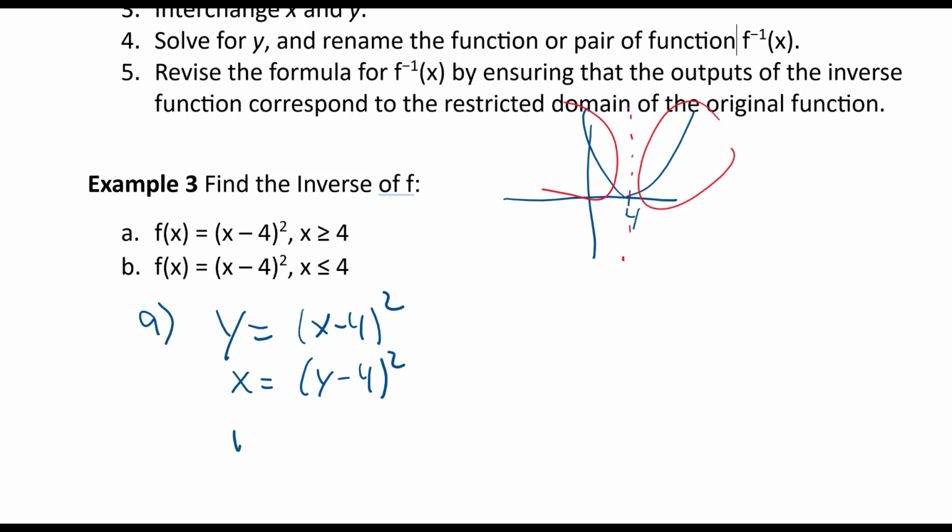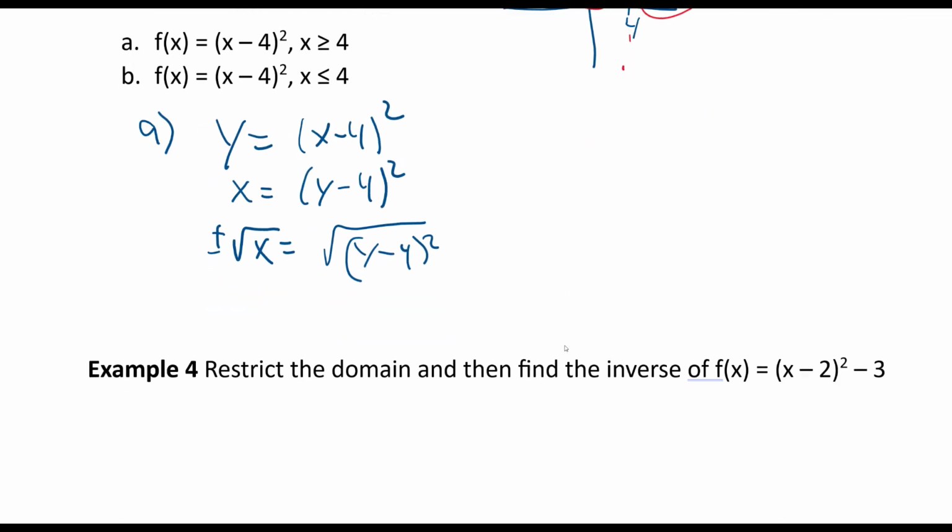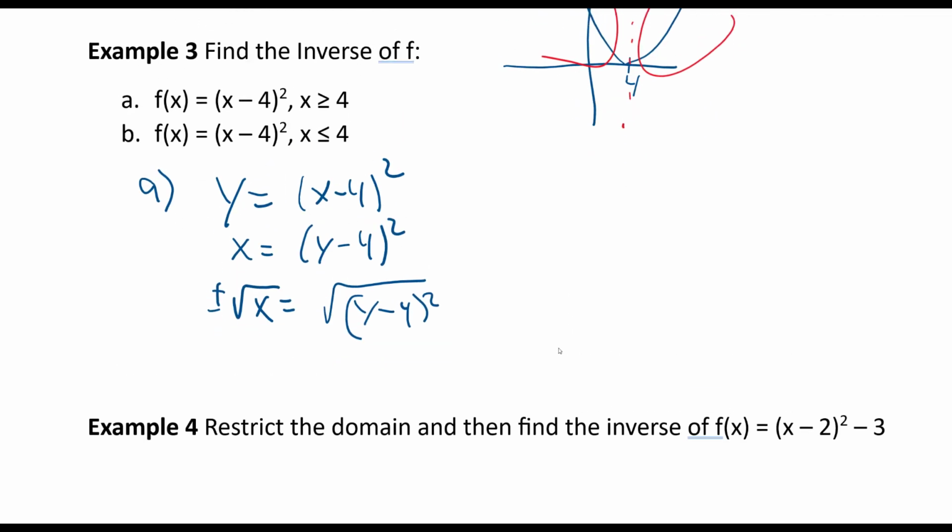So we can take the square root of both sides. So plus or minus the square root of x is the square root of y minus 4 squared, and we have plus or minus the square root of x equals y minus 4.